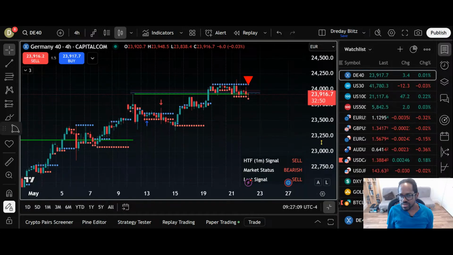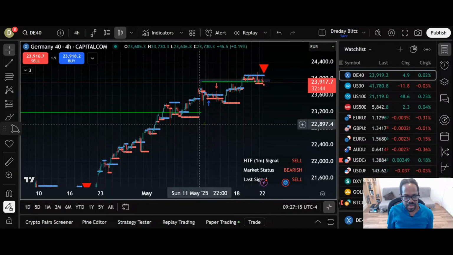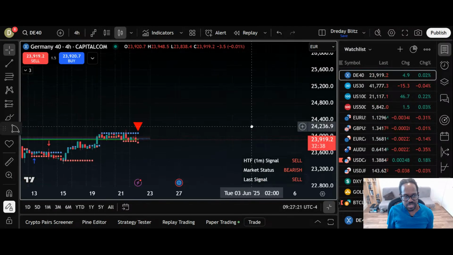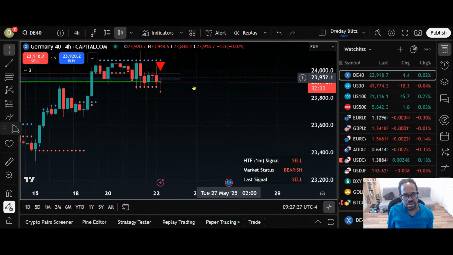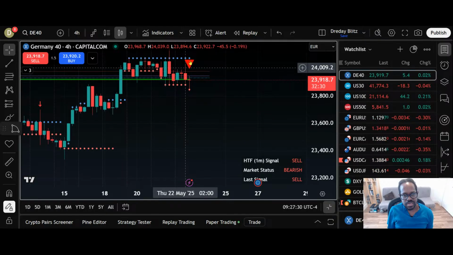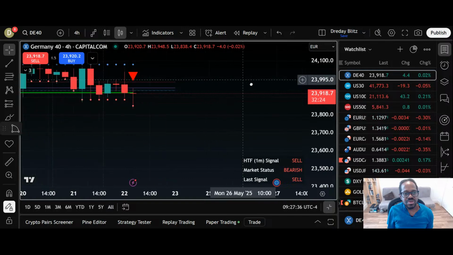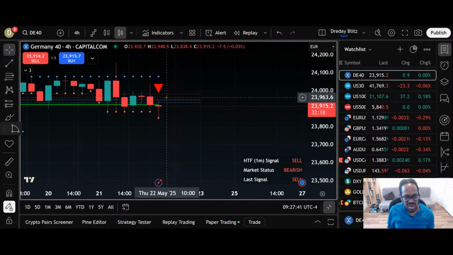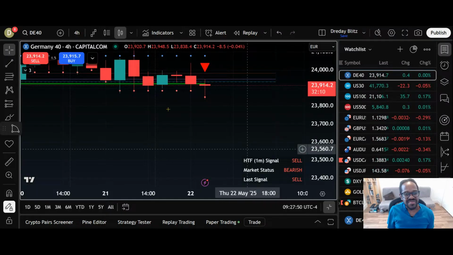So officially, markets seem to be reversing here on the 4-hour, so that's perfect. So we had a buy here, way back down here, and like I said, I was waiting for a sell on German, and it basically finished consolidating for a long time. That's exactly what we saw. So that 4-hour candle needs to close to get the sell signal.